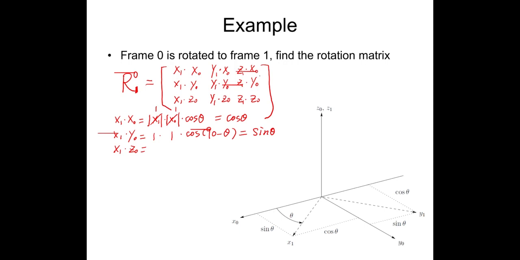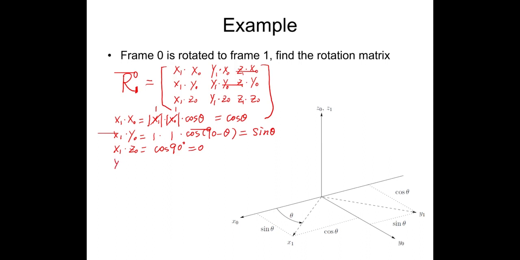Because they're all unit vectors, the length of all these is 1, so I will just go directly to the cosine. Here is my x1, and this is my z0. They're perpendicular to each other, so that is cosine 90, and cosine 90 is 0. So here it goes to 0.